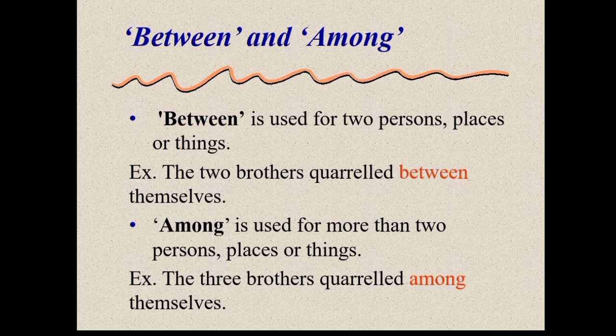So among is used for more than two persons, places, or things. So the example: The three brothers quarrel among themselves. So here you can find there are three persons. So while we are finding more than two persons, places, or things, then we use among.